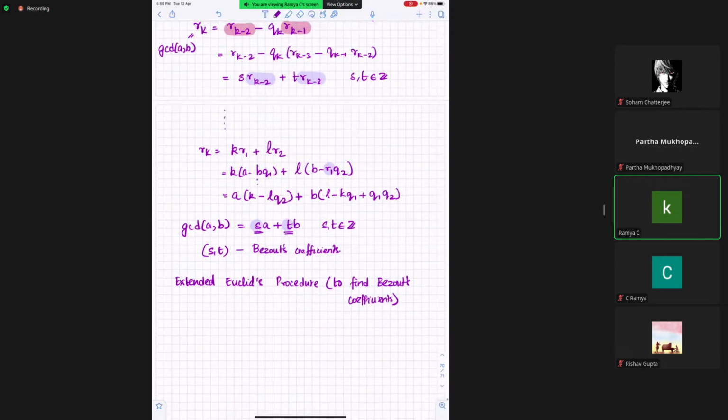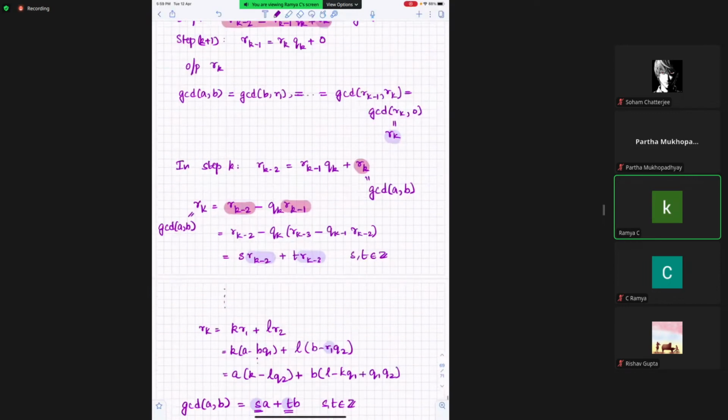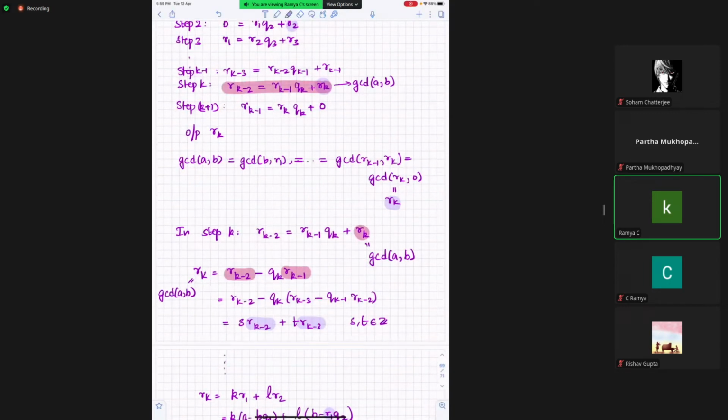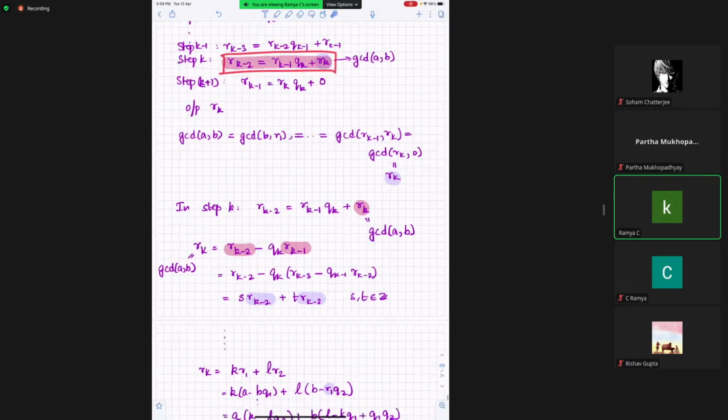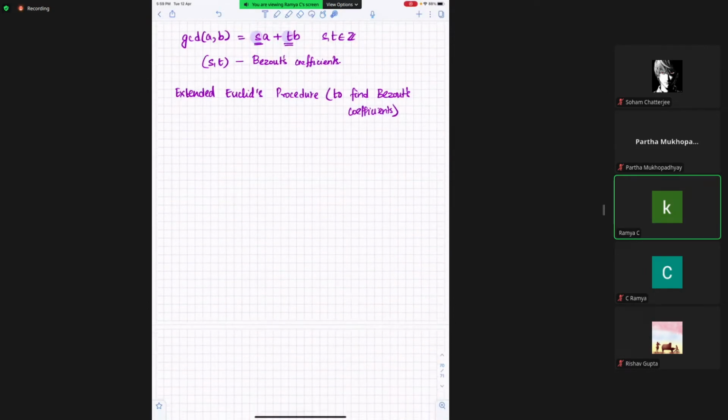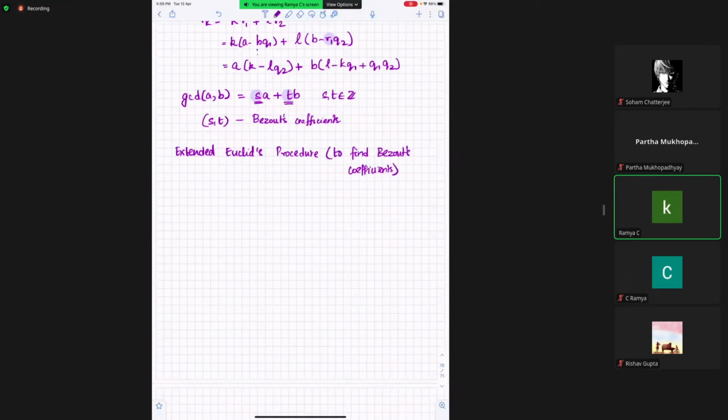We will go back to what we did earlier. This thing here. This step. So in step i of Euclid's algorithm, what do we get? In step i, let's say i equal to 1 to k plus 1, what we have is this relationship.